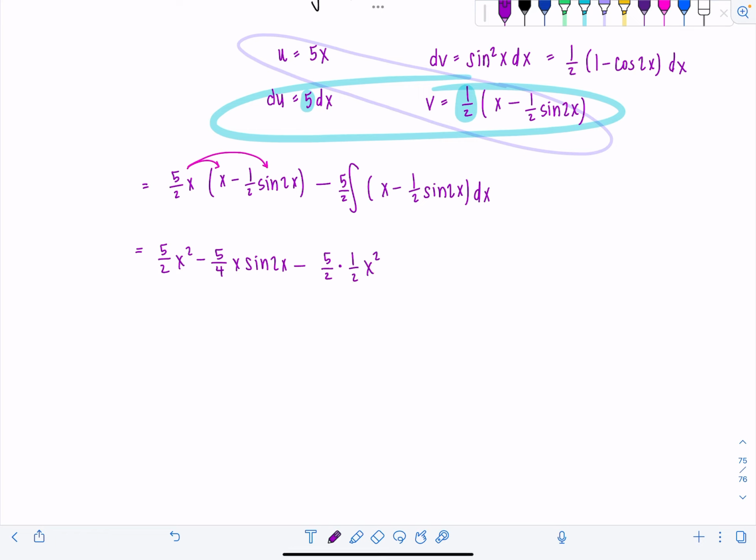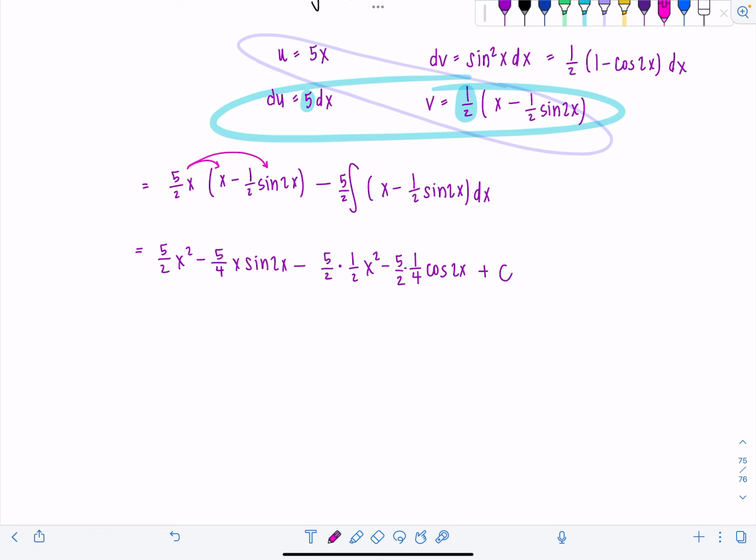And then let's think here. Antiderivative of a negative 1/2 sine 2x would be a 1/4 positive cosine 2x, but then I'm also going to distribute that negative 5/2 through. And then don't forget your plus c.